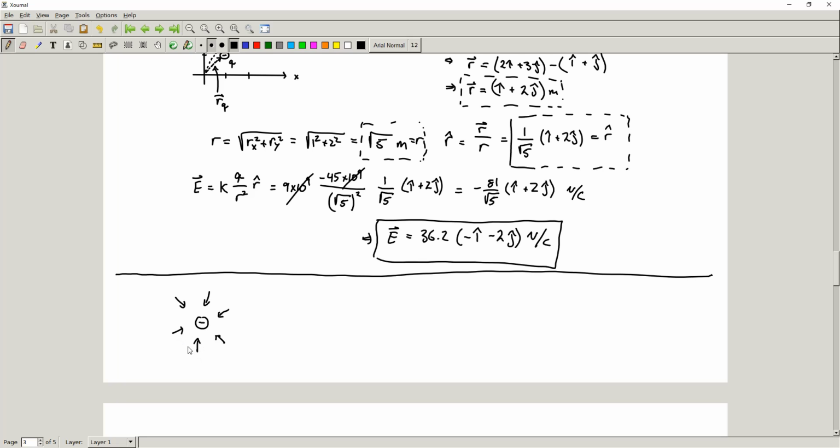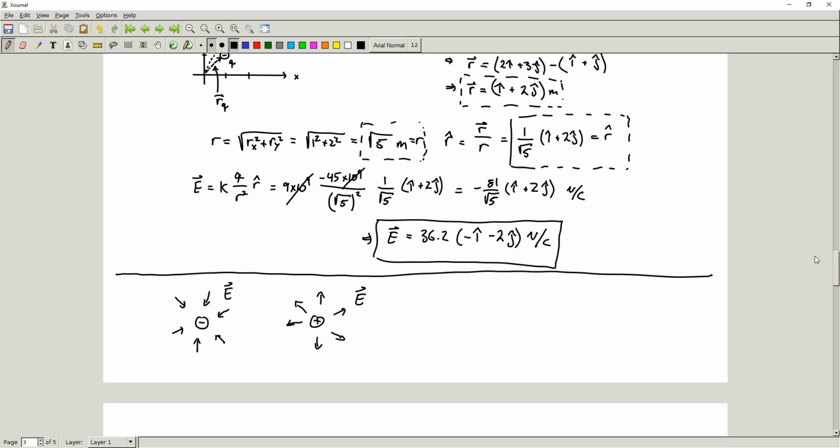And that's actually what we do find if we calculated this for all these points around this, we would find that our electric field looks like that around a negative source charge. And the exact opposite would be true for a positive one. We would find the electric field lines all going away from our positive charge, right? So this would be our electric field around a positive source charge.